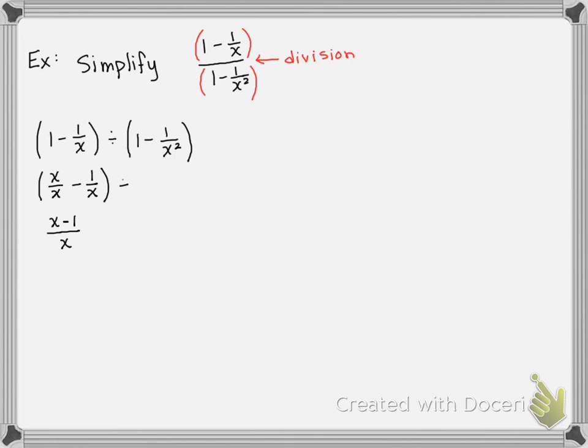And then we're going to do the same thing here. I want my denominator to be x squared, so how should I write the number 1? X squared over x squared? Mm-hmm. So we end up with x squared minus 1 over x squared.